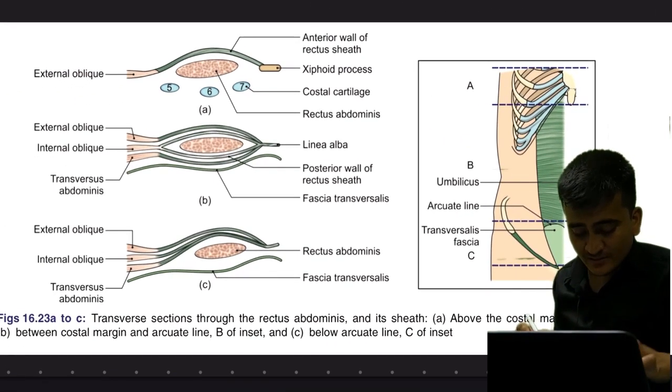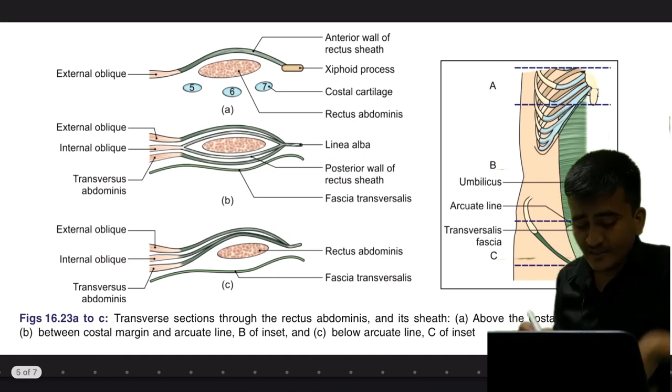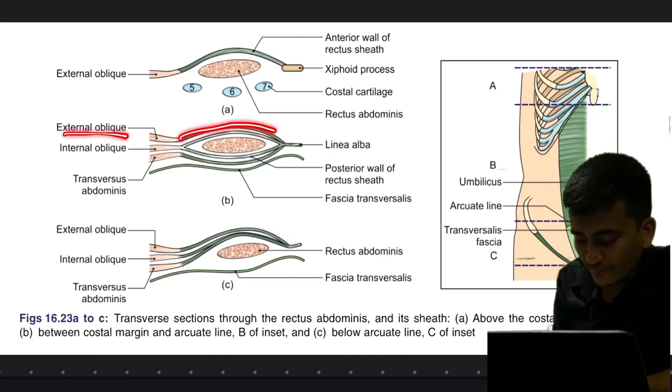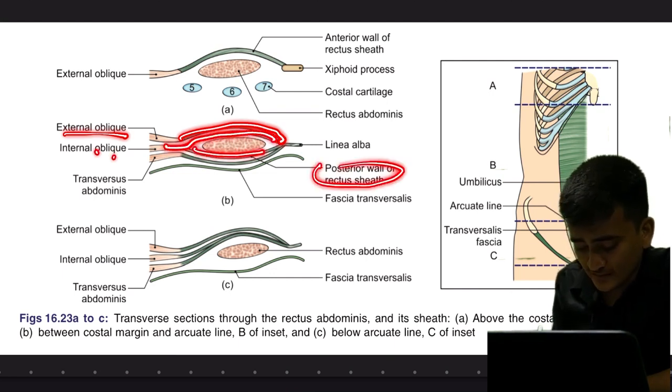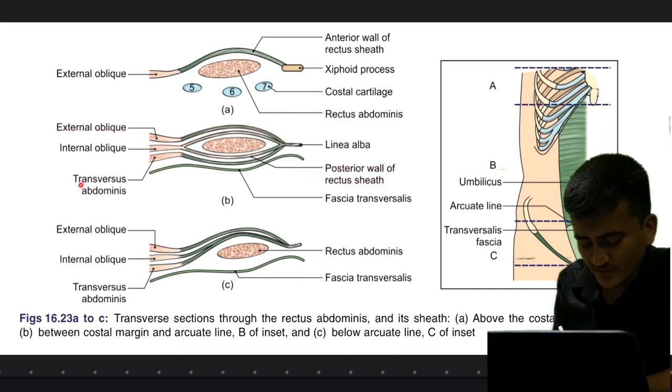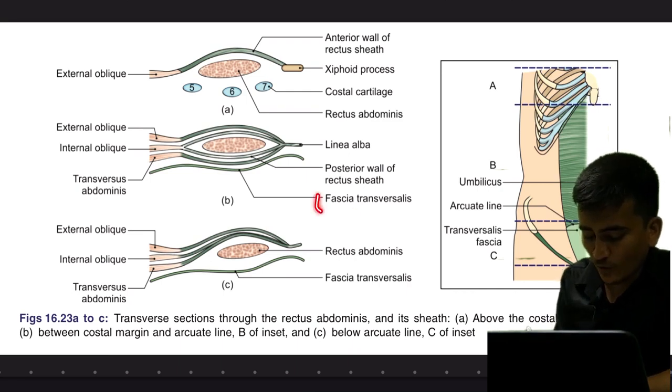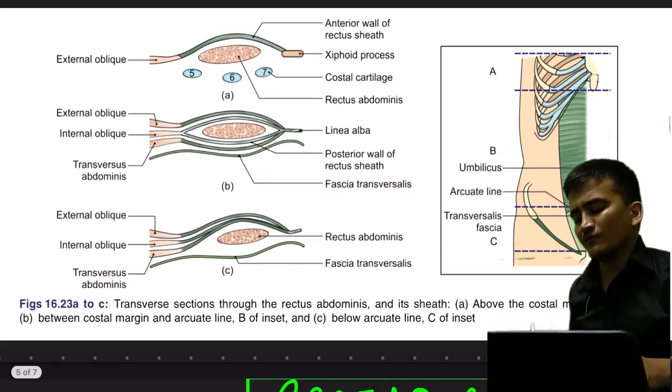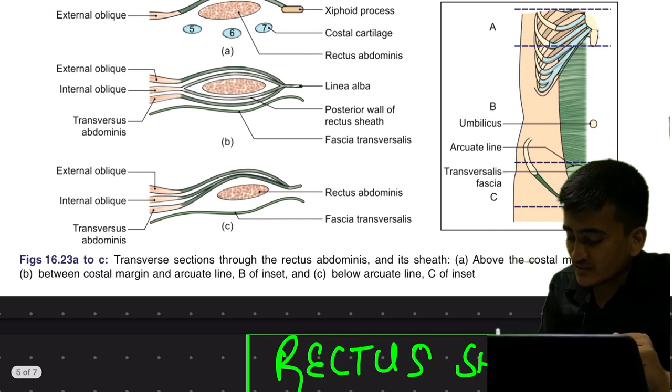Now what will happen here in this B is, the external oblique muscle will form the anterior wall of the rectus sheath, the internal oblique muscle will contribute to both the anterior and posterior walls of the rectus sheath, and the transversus abdominis will contribute to the posterior wall of the rectus sheath, and the fascia transversalis will also lie on the posterior wall of the rectus sheath. That's all. And what is this C structure showing?